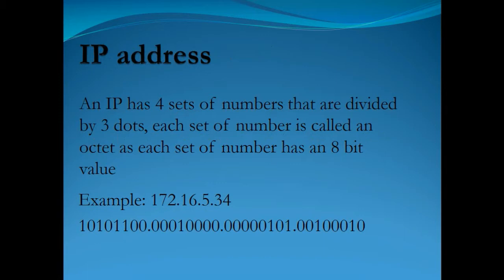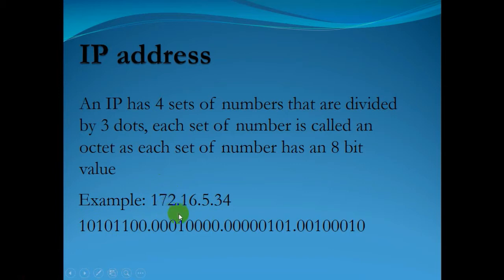This IP version has 4 set of numbers and they are divided by 3 dots. Each set of number is called an octet. Octet kasi each set of number has an 8-bit value.